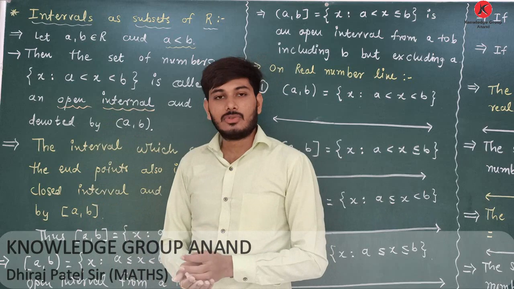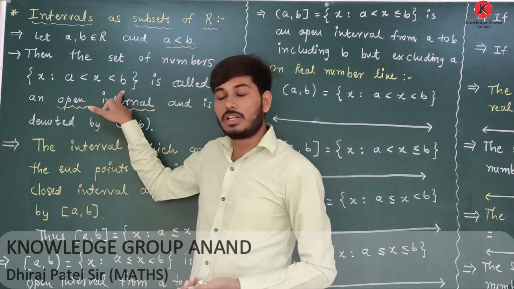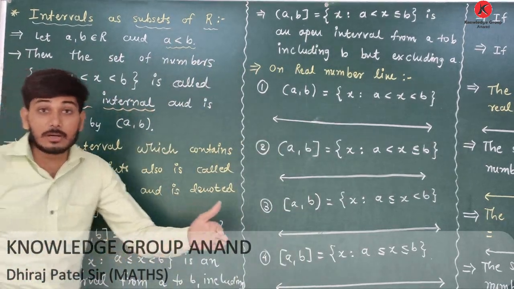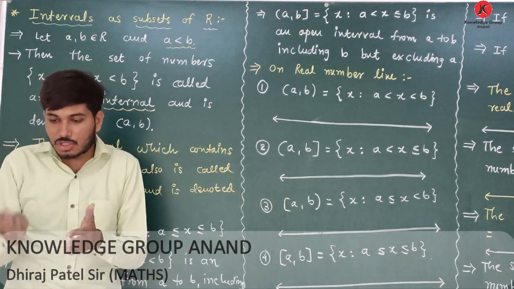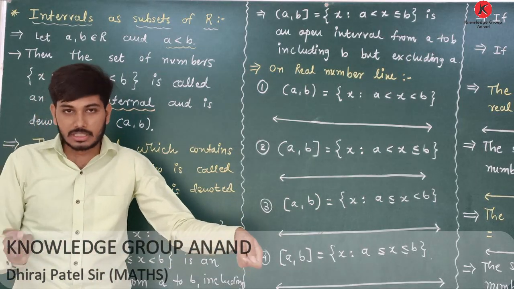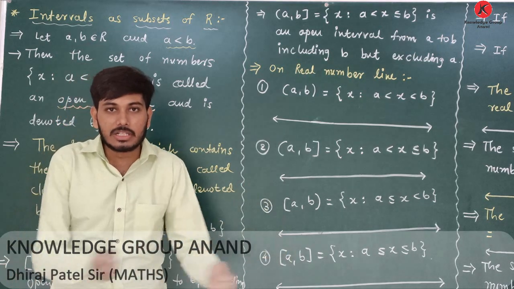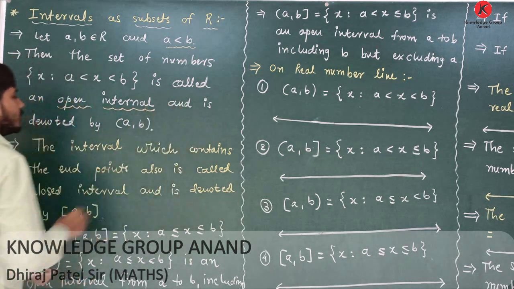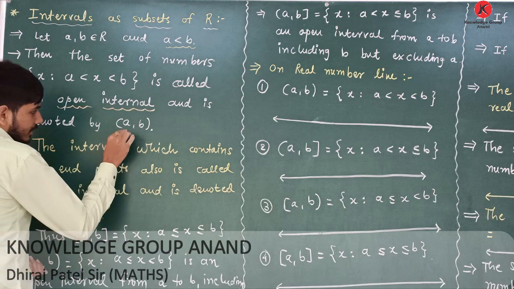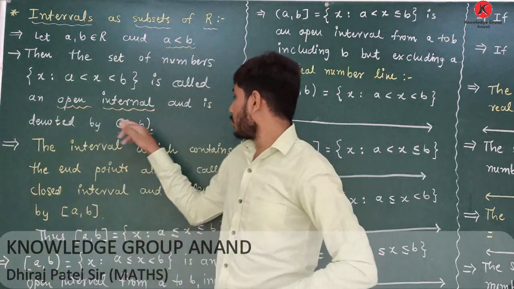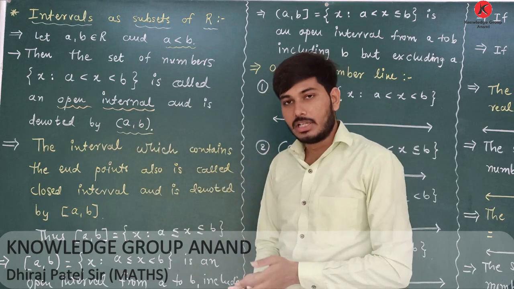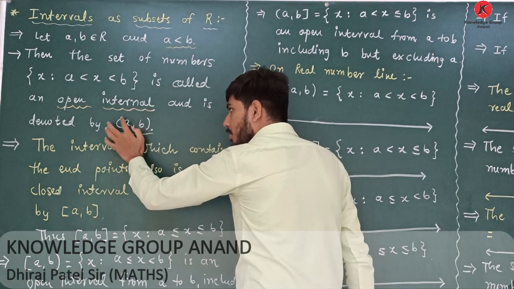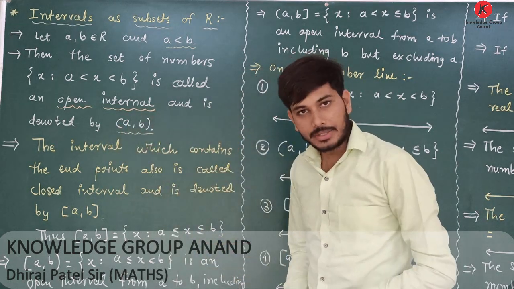The condition which is not given here, you have to consider that x belongs to R. Therefore, all the real numbers lie between A and B, which is represented as an open interval, and the notation for this is open interval A to B. This is the notation, open interval A to B. This means all the real numbers lie between A and B.